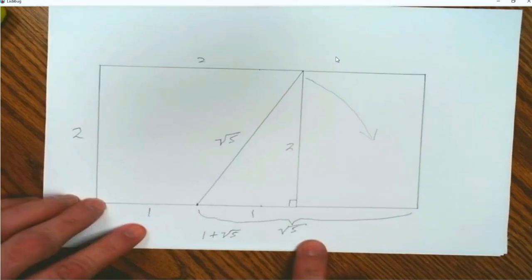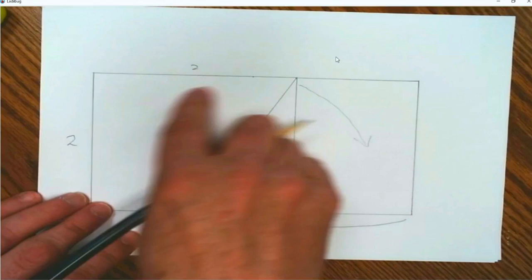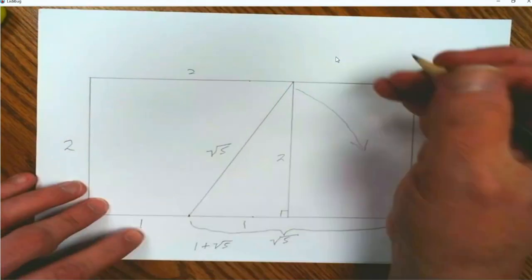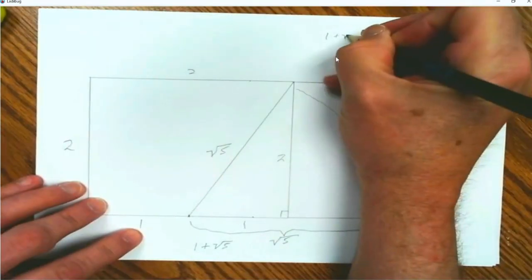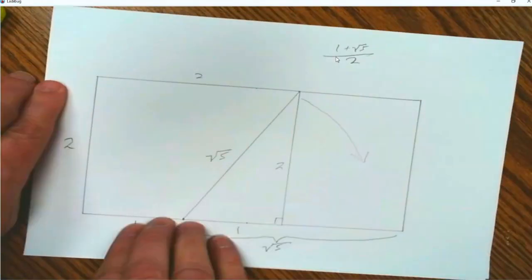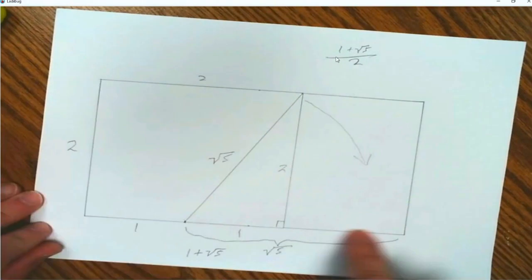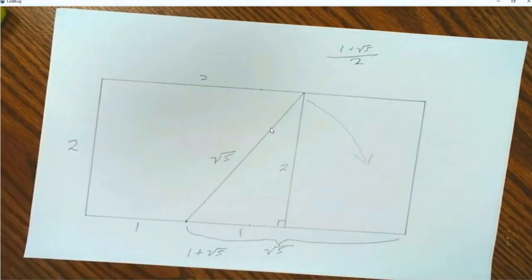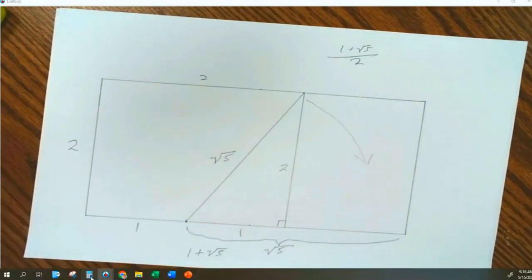So if I want to check out the ratio, I divide 1 plus the square root of 5 by 2, this side compared to this side. What is the ratio of those two sides? Let's bring up our calculator.